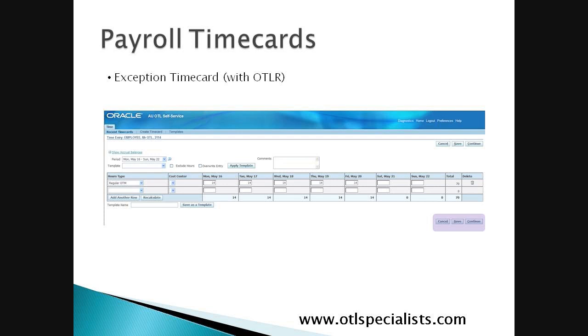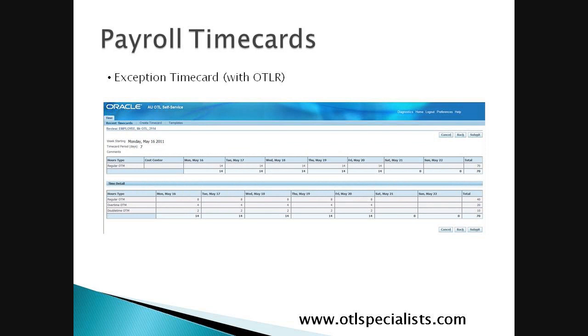So in the example you can see on screen, we're using the standard exception timecard layout, and we've entered 14 hours for each day of the week. As soon as we hit continue, we get taken to the exception review screen, but this time it's got a little bit more information.